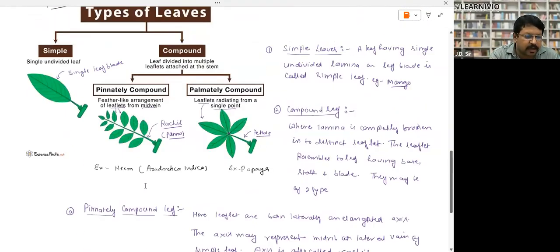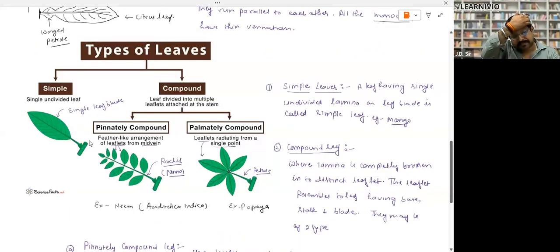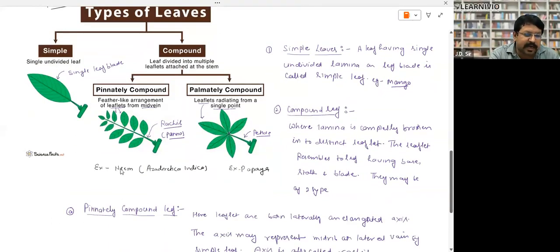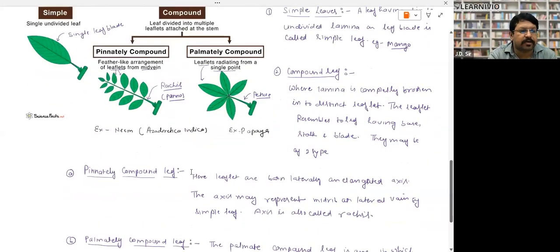Note it down: simple leaf is found in mango. Neem, Azadirachta indica, is an example of pinnately compound leaf. Palmately compound leaf is found in papaya. Clear?